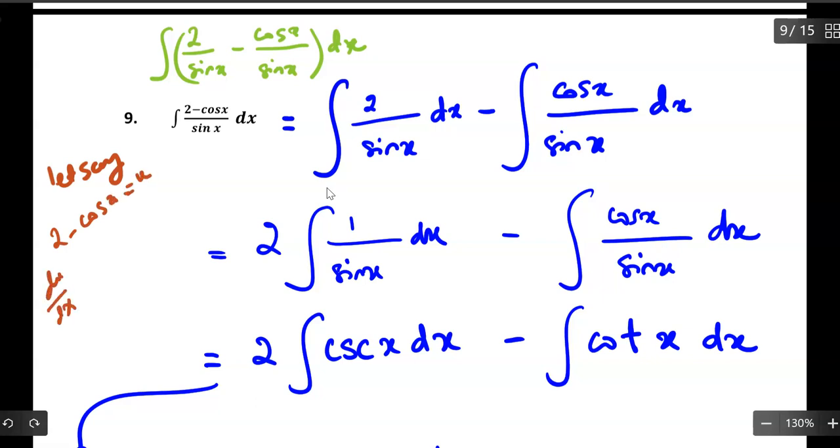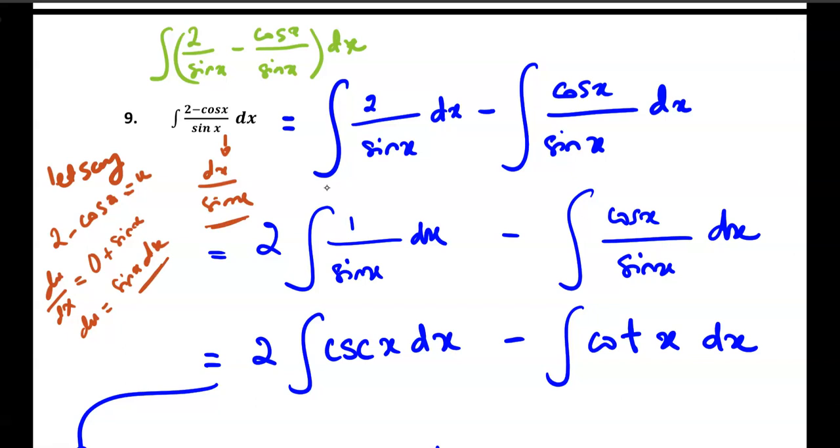What is du over dx? The derivative of 2 is equal to 0. The derivative of cos is negative sine, so negative sine times negative gives plus sine of x. And then you will say du equals sine x times dx. But here you have dx divided by sine of x. So there is no way that you can match this with this. That's why this method will not work at all.